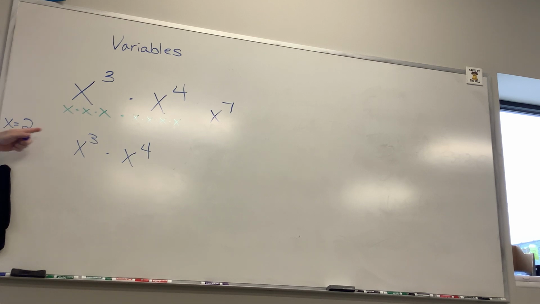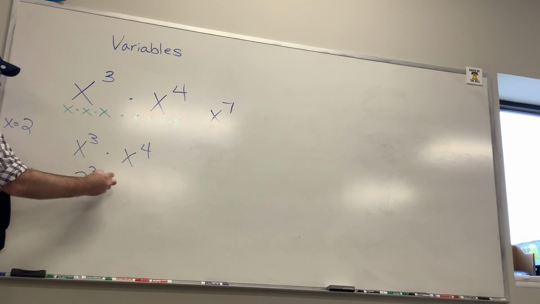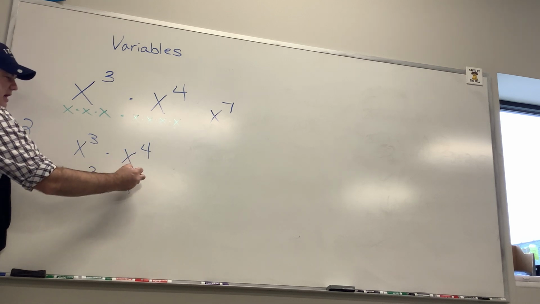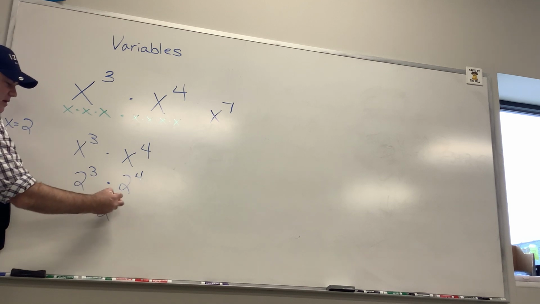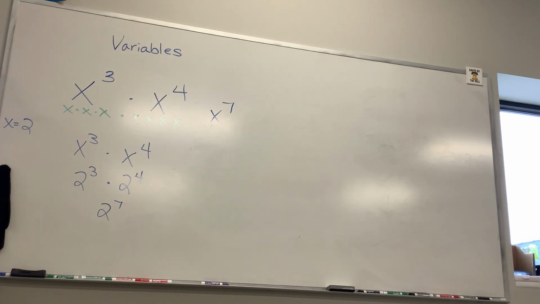Okay, 2 is going to be plugged in for x. Well, we plug it in. Every time we see x, we plug in that 2. This becomes a problem we've done. It's 2 to the 7th, which is 2 times 2 times 2, 7 times. Okay, so that is what that means as far as it does have a purpose. We need to know that when you multiply these, you just add the exponents.